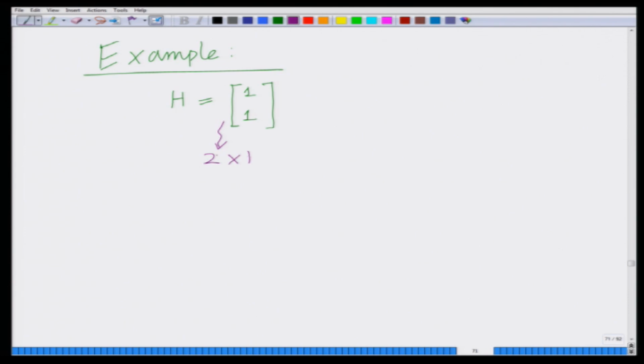In fact, this is a single input multiple output, or SIMO, channel, with R equal to 2 and T equal to 1. I can normalize this vector to have unit norm: 1 over root 2 times [1 1] transposed, times root 2 times the 1 cross 1 identity matrix, that is 1.